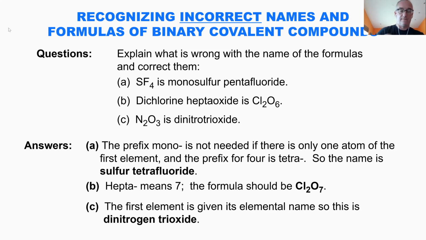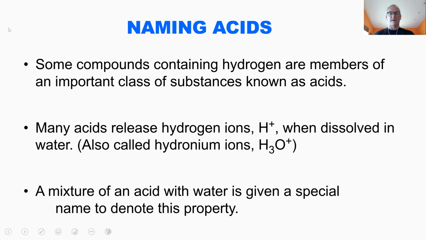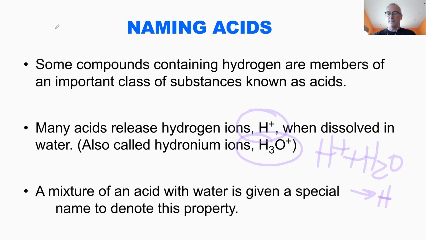Excellent work. So, acids. We haven't really talked much about acids and bases. We talked about them a little bit. Acids are substances that when you dissolve them in water, they release hydrogen ions. We also call those hydronium ions because they will mix with water and form this ion.